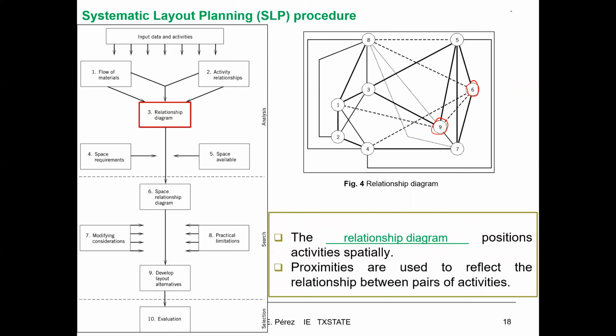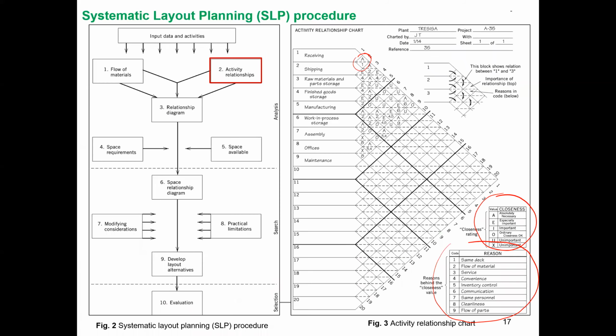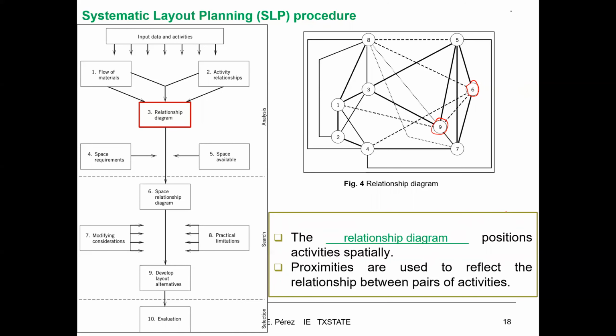For example, these bold lines might represent that the connection between those two departments is absolutely necessary. You as the designer are in charge of determining the type of line that you want to use and what it will represent. On the next slides, I'm going to show you some examples of how that can be done.